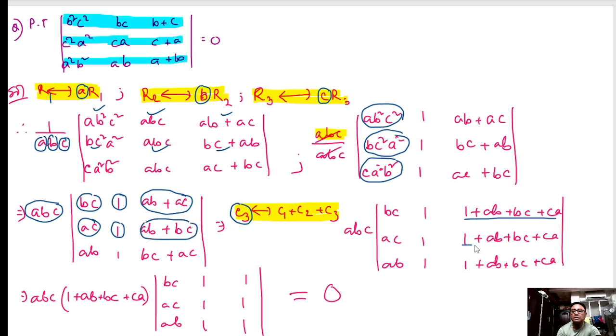Again, this plus this plus this, I want to add and put in C3. Now this whole portion becomes common and comes out, so what is left is 1, 1, 1. Now the columns are identical, so the answer is 0. Clear?